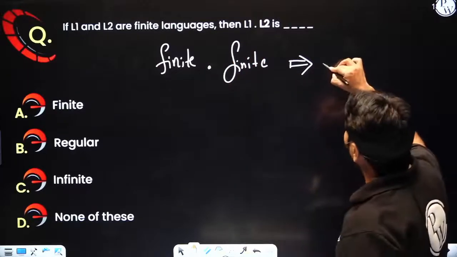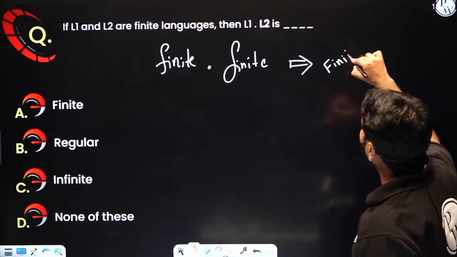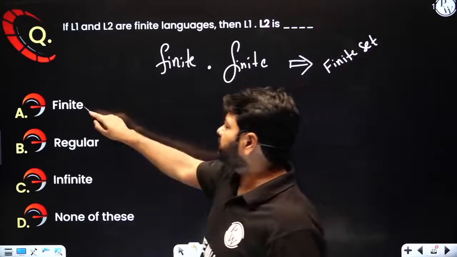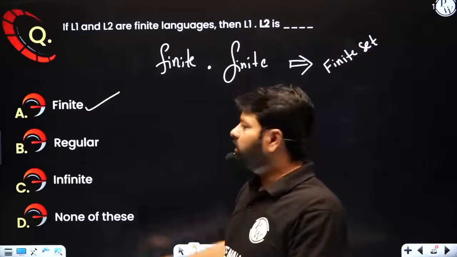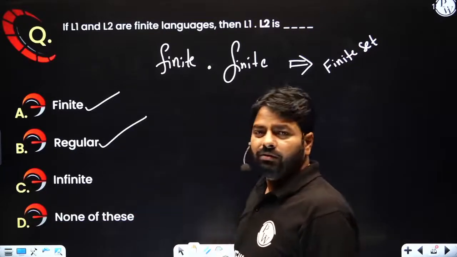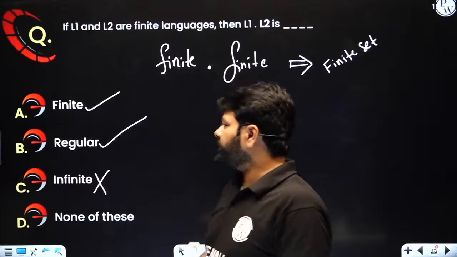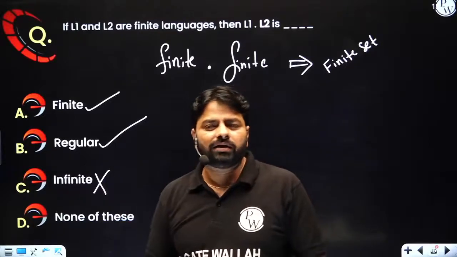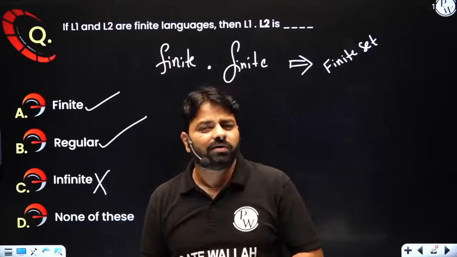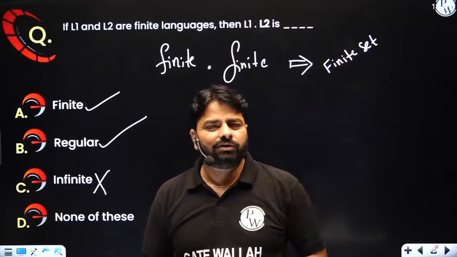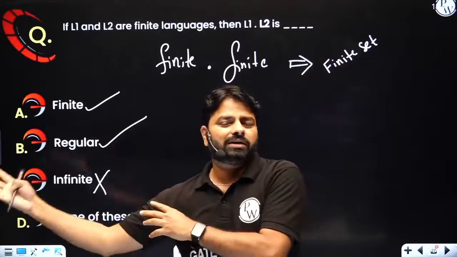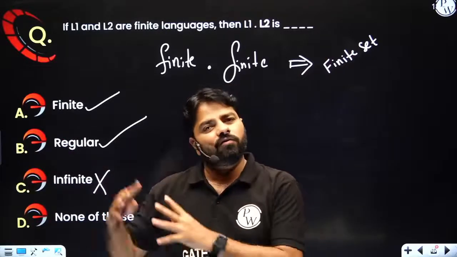The result is always finite without any doubt. So the answer is definitely finite. Hence it is also regular, but infinite is definitely wrong. Very simple question. Therefore you can conclude that concatenation is closed for finite languages. When you take two finite languages and perform concatenation, you will always get a finite result.